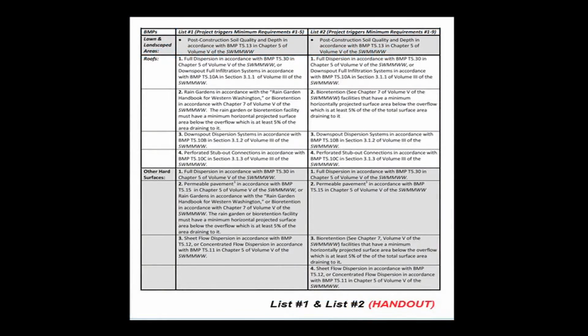Or you have the second option, which is to simply meet the LID duration standard, which means to basically put a pond in that meets the type of performance that LID provides in terms of the modeled duration curves and from a flow control point of view.